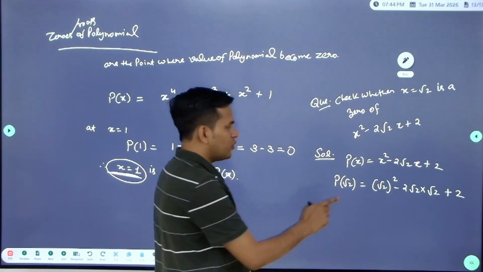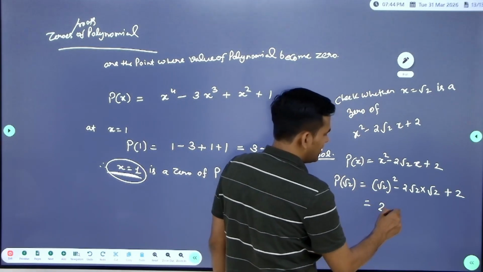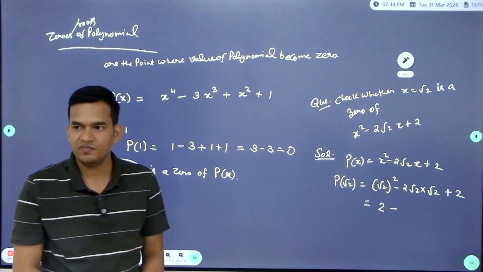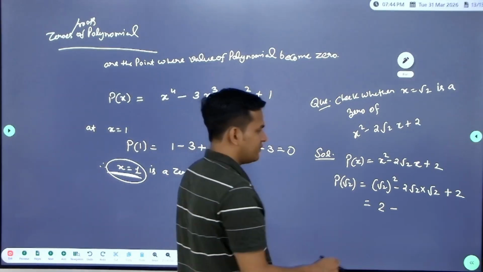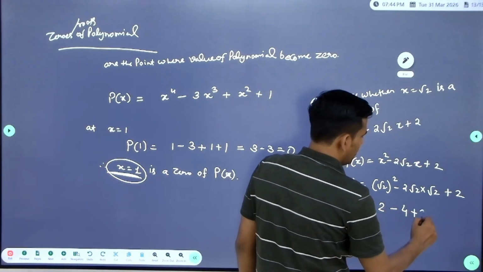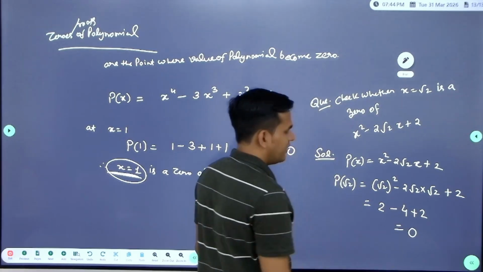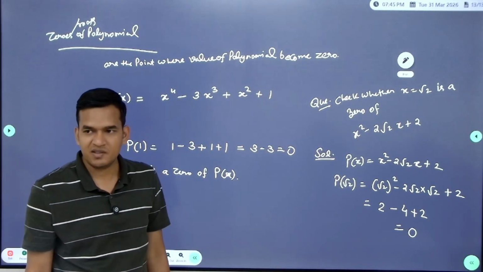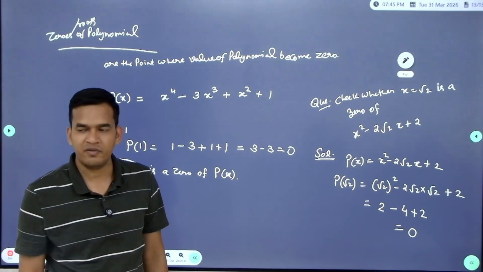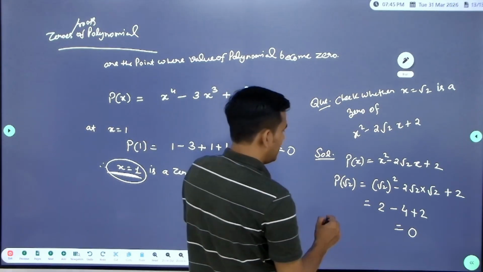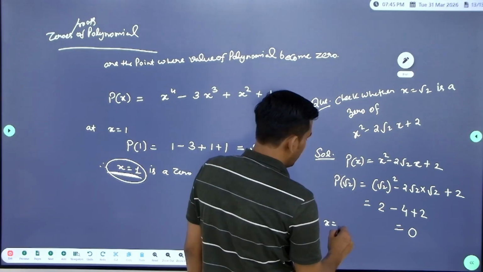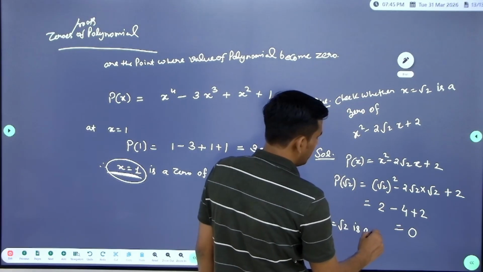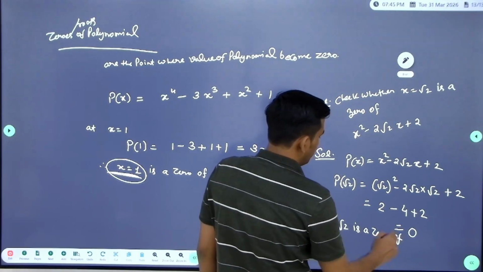Now root 2 square is 2, minus root 2 into root 2 is 4, plus 2. 2 plus 2 minus 4 is equal to 0. P of root 2 is equal to 0. That means x equal to root 2 is the 0 of this polynomial.